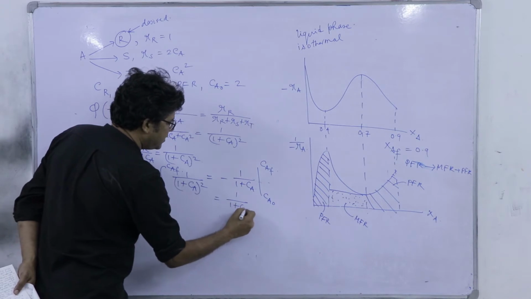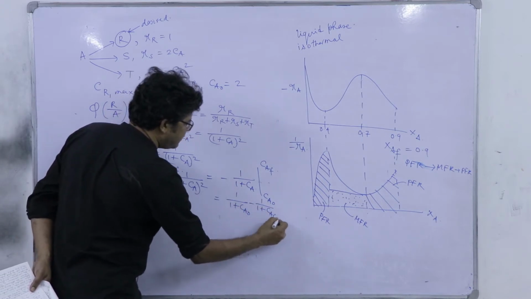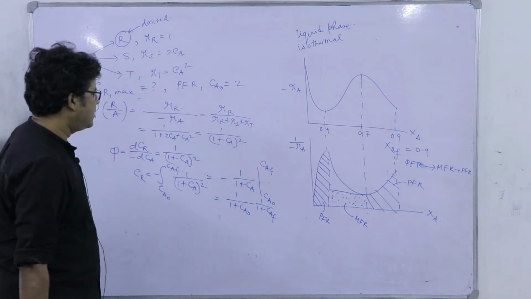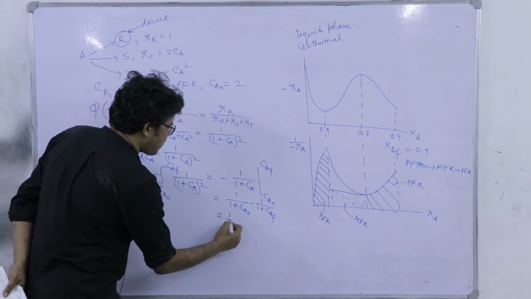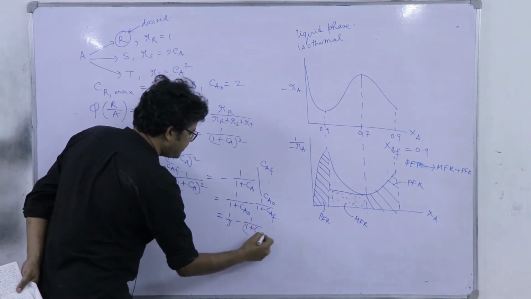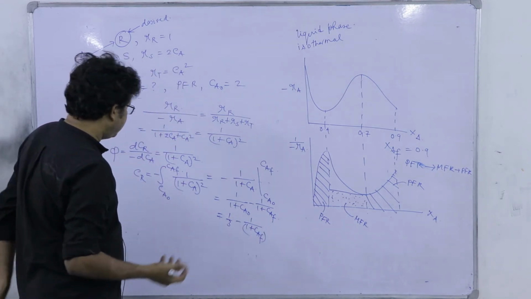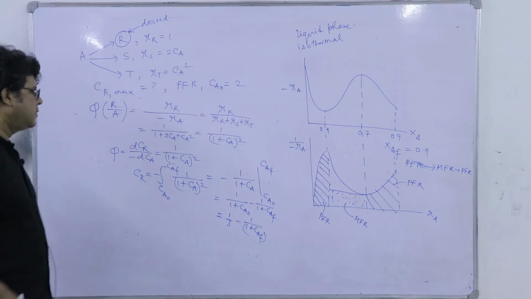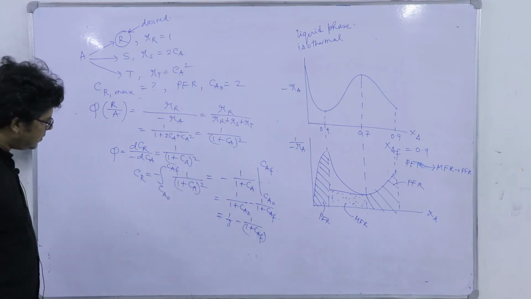So, 1 divided by 1 plus CA0 minus 1 divided by 1 plus CAF. Now, CA0 is 2. This will be the CR, correct? If I am correct here.